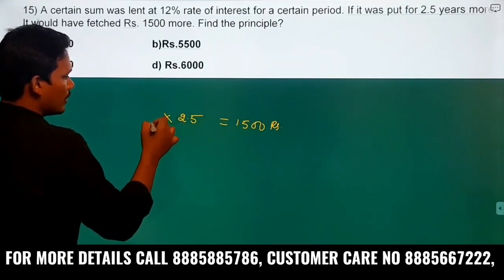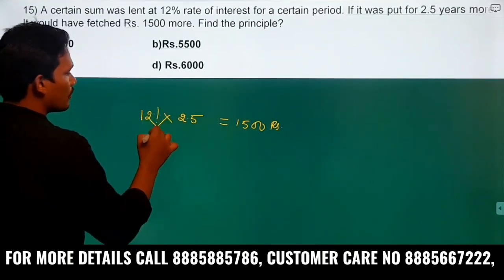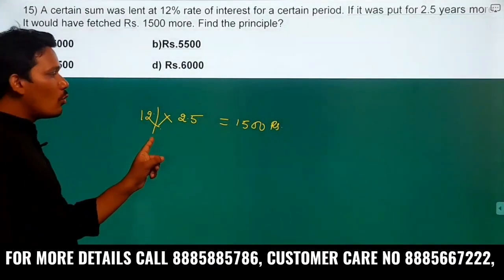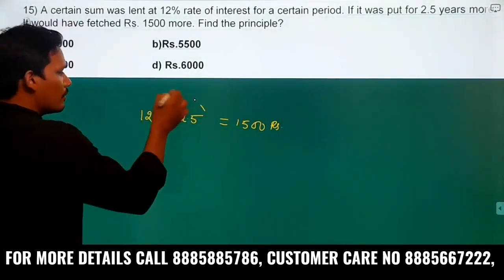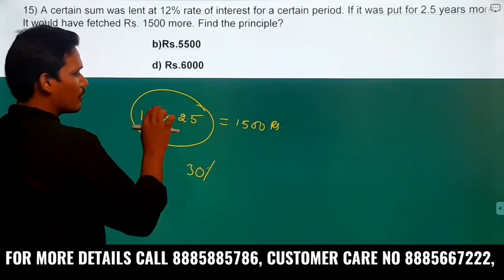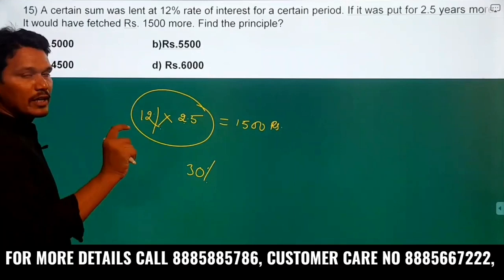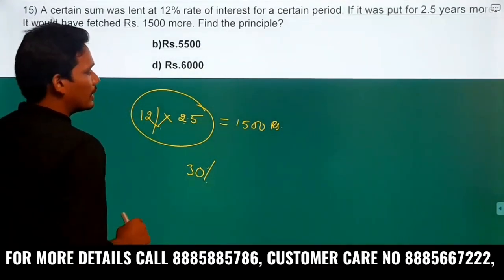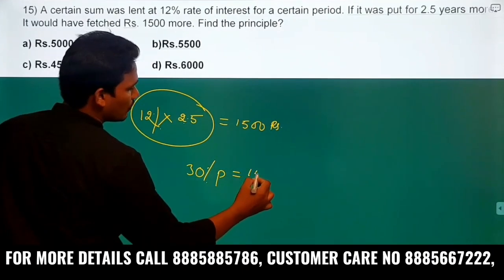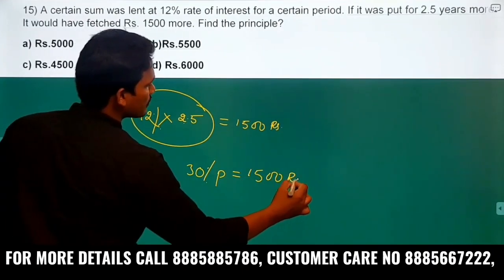Every year the rate of interest equals 12%. For 2.5 years extra, this will become a total of 30%, because 12 into 2 is 24, 12 into 0.5 is 6, so 24 plus 6 becomes 30%. So 30% value on principal equals 1500 rupees.